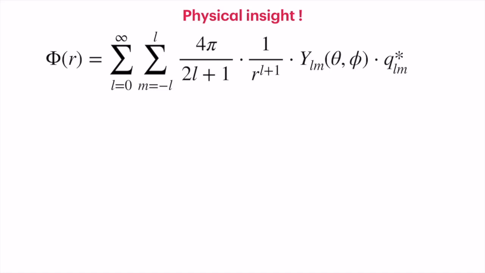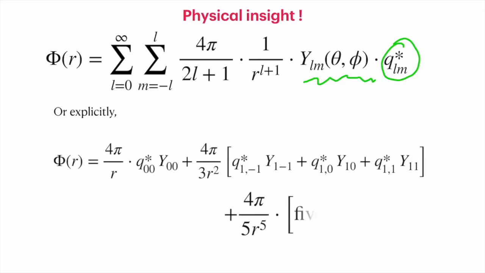In the current case, we are using Y_LM in terms of angular coordinates in the polar coordinate system that describes the complete potential in the Y_LM basis, and this coefficient essentially we call the multipole moment.